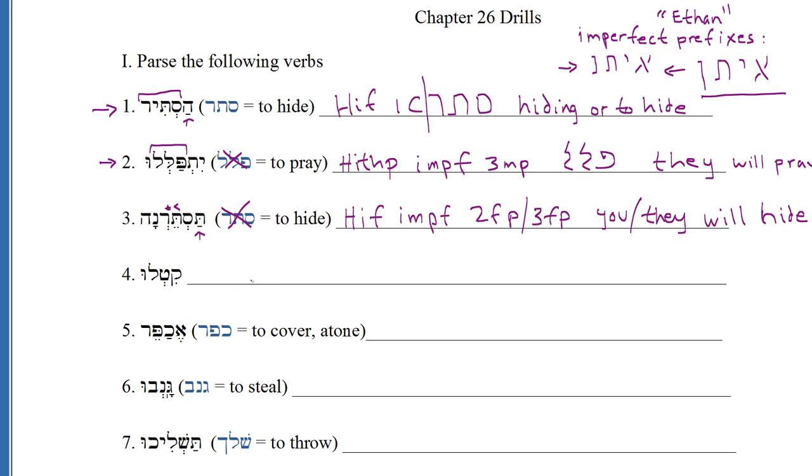Okay, let's look at number 4. This is a form that is often mistaken for a piel, and in certain cases it actually could be a piel, but in this case, since we don't have the kind of letter that drops a dagesh forte, one of our so-called Schemenlevy letters, that may drop its dagesh forte if it's supported by a vocal schwa.